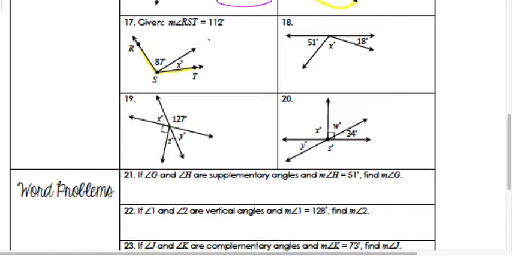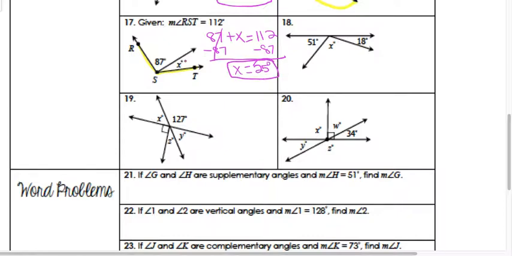So when you're doing that algebraically, you can say 87 plus x, because that's what we don't know, equals 112. All right. So then remember, we have to move it to the other side. So we're going to subtract 87, subtract 87. So these cancel out. I'm going to bring down my x. And then x equals 25 degrees.